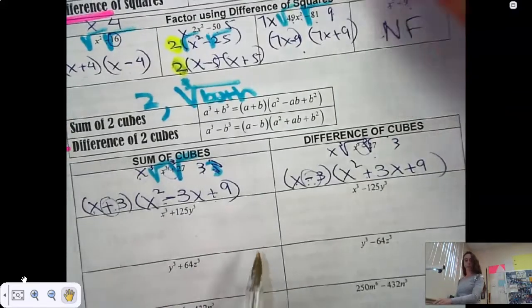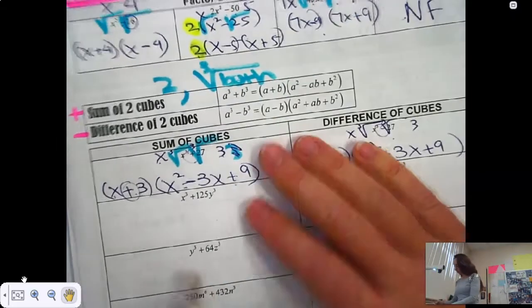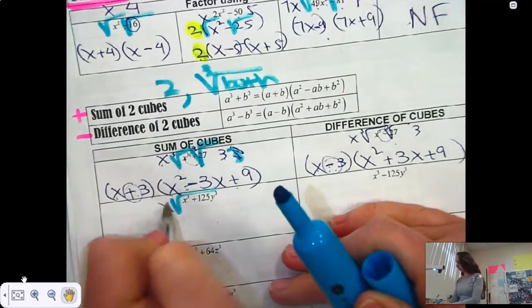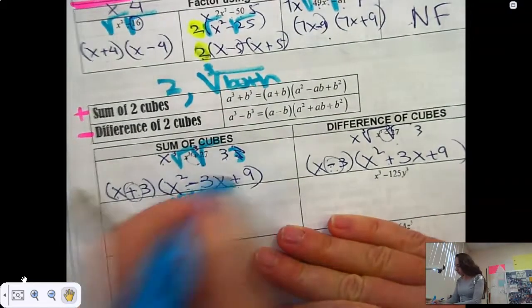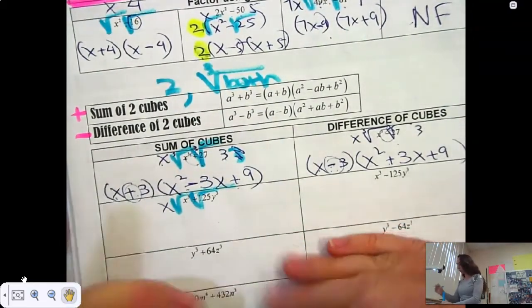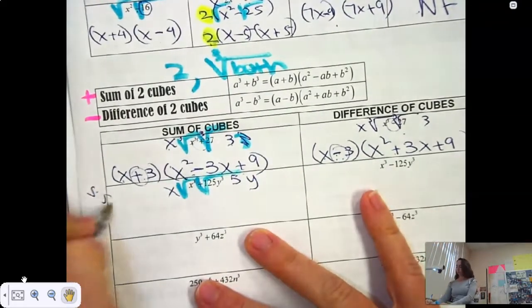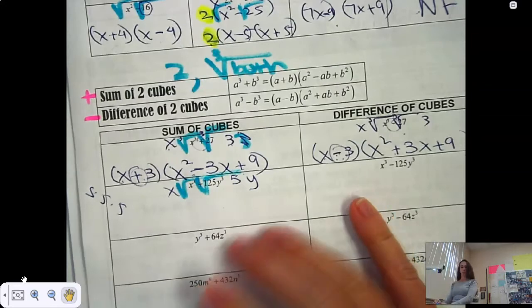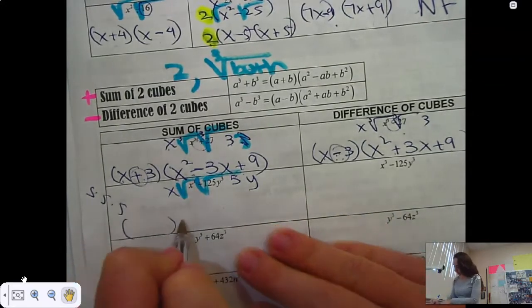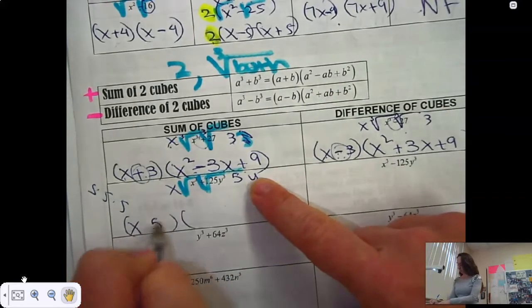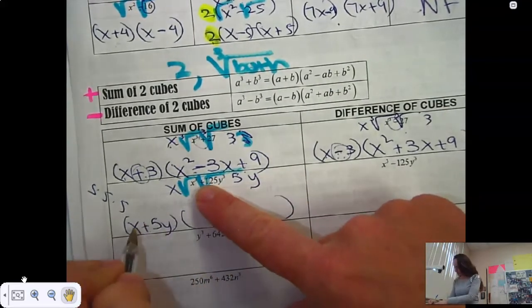Notice they're very similar. So I'm going to do the cube root. What times what times what is x? Now, what times what times what equals 125y cubed is 5y, because 5 times 5 times 5 is 125. Little parenthesis, big parenthesis. First one, second one. Since that's plus, that's plus.